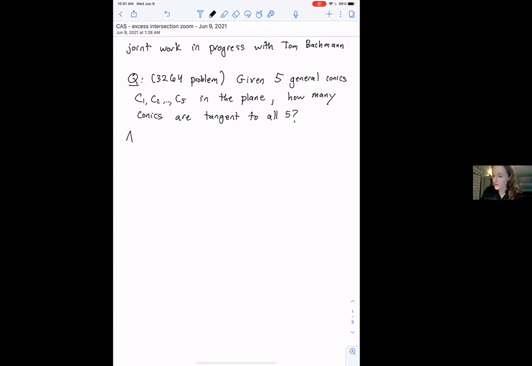There's a famous wrong answer and a famous right answer. So the space of plane conics, we've got 6 coefficients, and that up to scaling makes a P5.